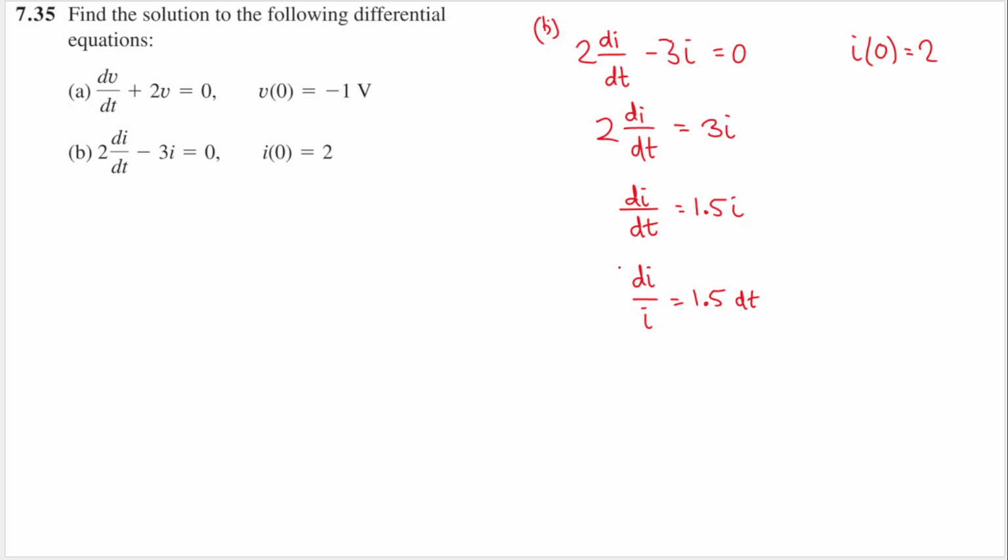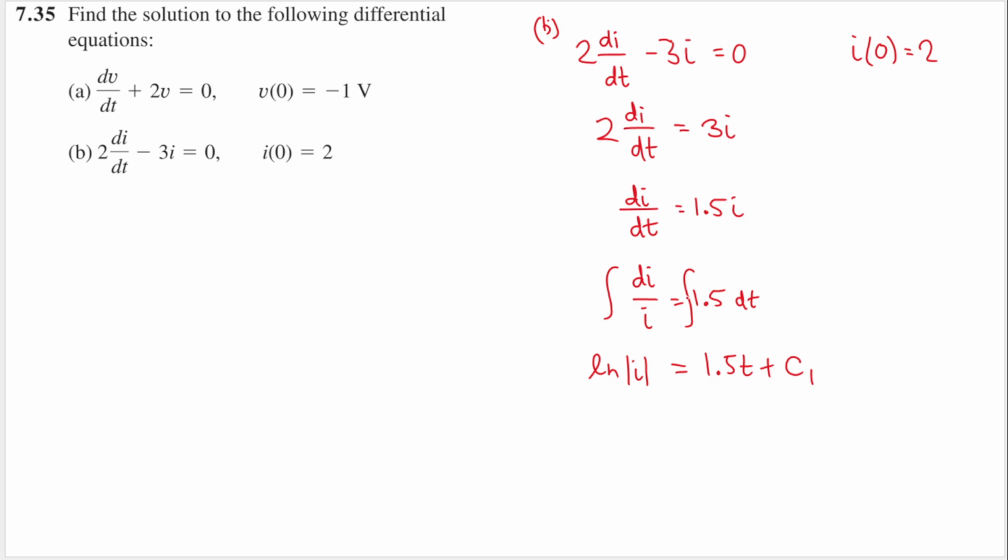So we can integrate both sides here. And remember, this is 1 over i di integrated, and we will get the natural log of i plus some constant actually, but we can move it onto the right hand side, right? And then we will have 1.5t, so plus some constant.